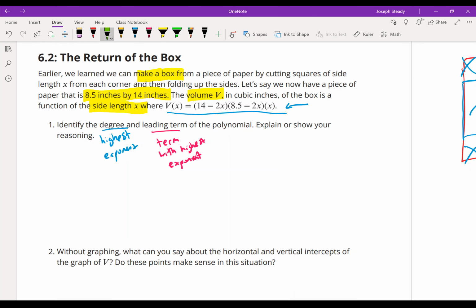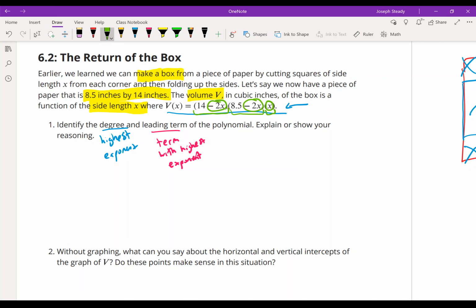In this first factor, I can just take the negative 2x. In this next factor, again the negative 2x, because that's the highest power of x. And in this last factor, there's only one option. I'm going to take the x.